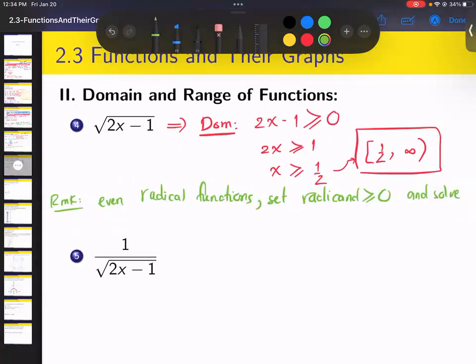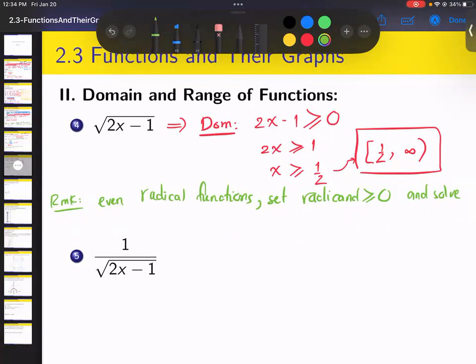Number five. What is the domain? Same thing, because it's an even index, right? It's an even root.